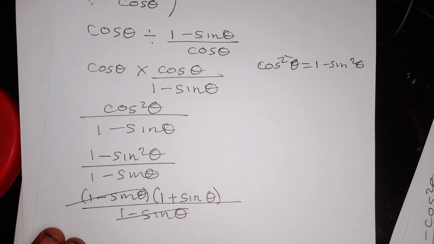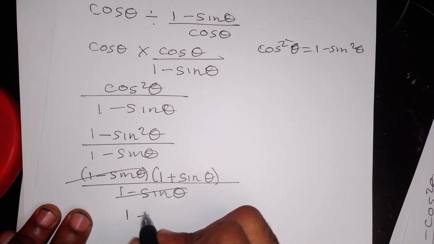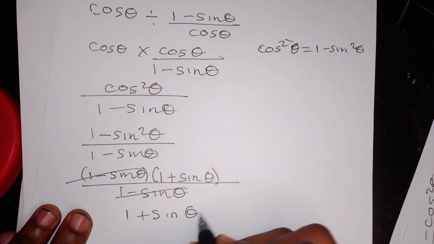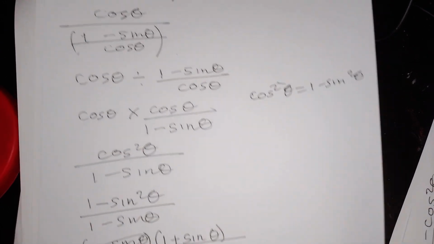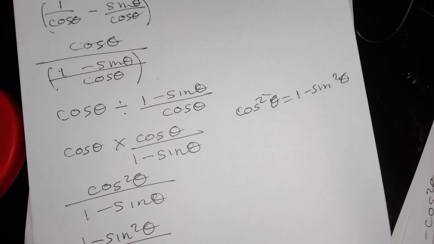So you can cancel these two out, then you have 1 plus sine theta like this. You're done. So these two are actually dividing, but because you guys have been saying cancel out, I decided to fit in.